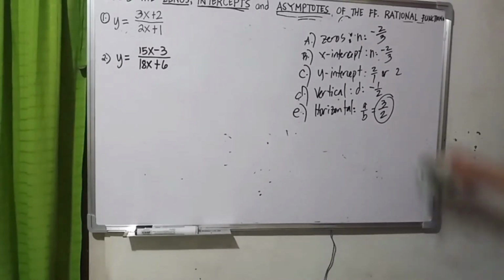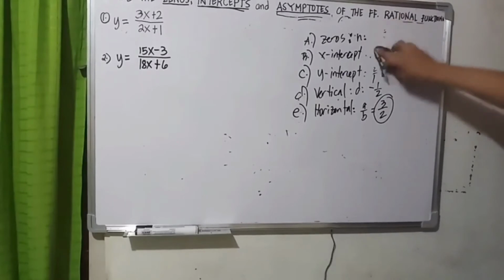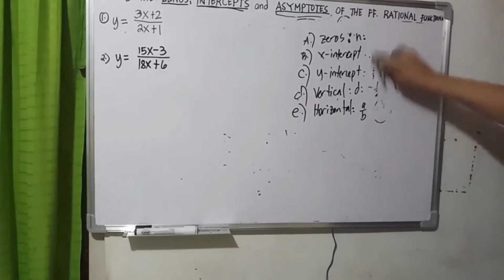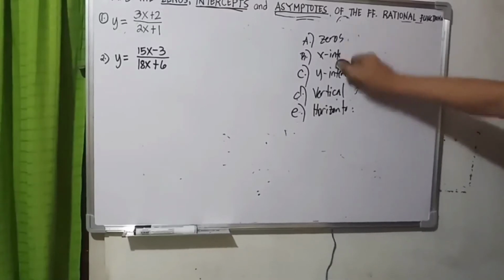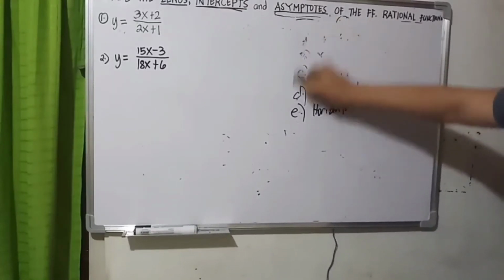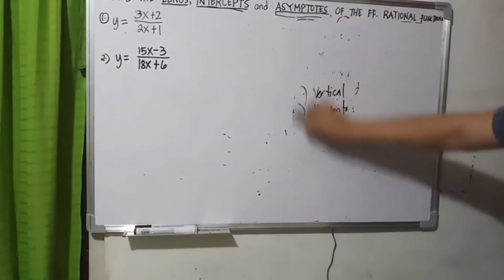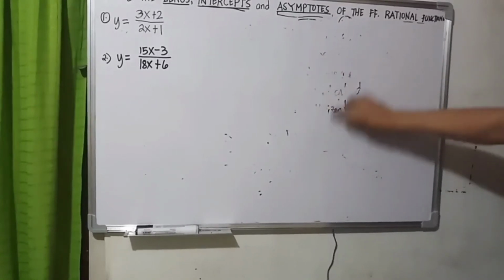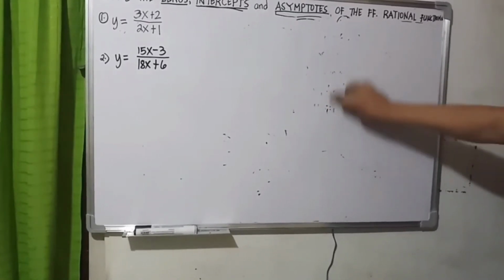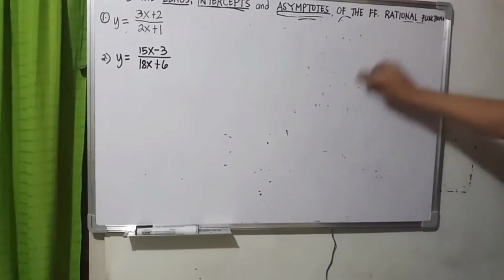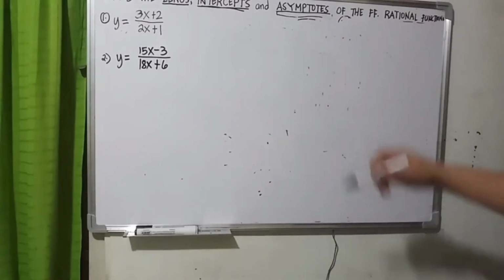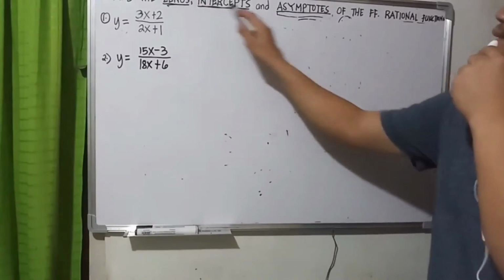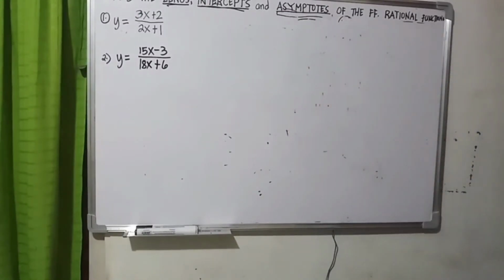Okay, so number 2. Number 2 shortcut natin. Sige daw. Ano yung value ng zeros sa number 2? Ang makasagot, bigyan ko ng load na 15. Number 2, find the zeros, intercepts, and asymptotes of the rational functions.